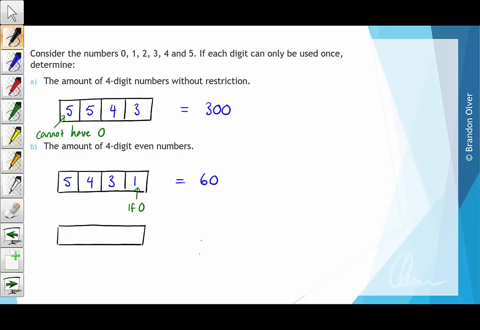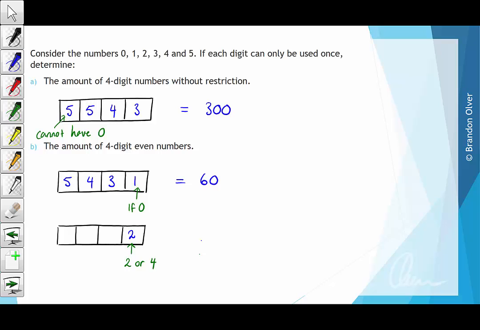So here again, we have our 4-digit number, and now we consider where the last number is 2 or 4. So because it would be 2 or 4, there are 2 numbers that can go in that position. And now if we think about the first number, we can't have 0 and either 2 or 4 is missing.